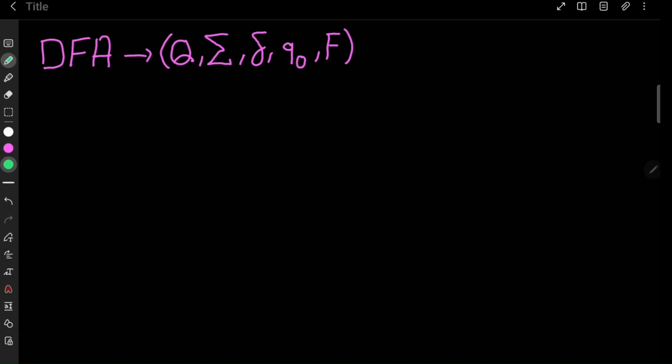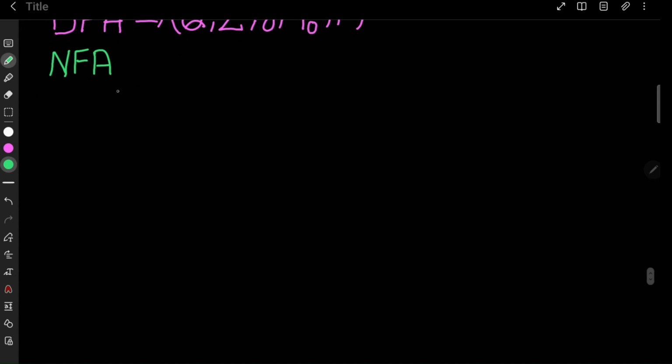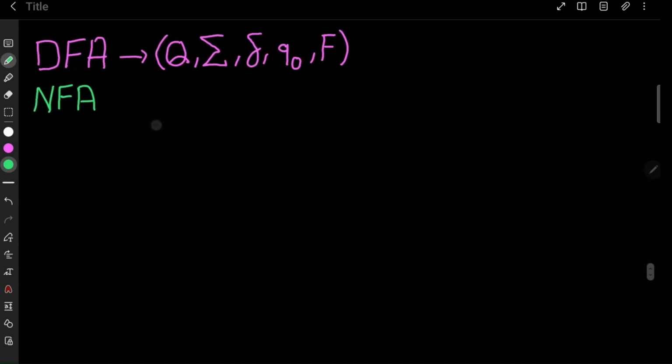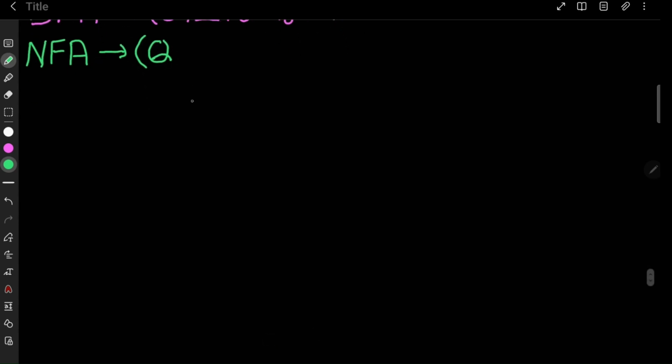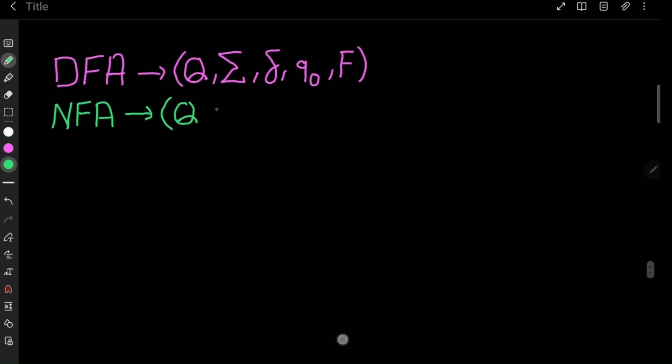And when it comes to NFA, we can write it as follows. It is also a 5-tuple. Q for states, Q0 for the initial state as well. Again, the alphabet.